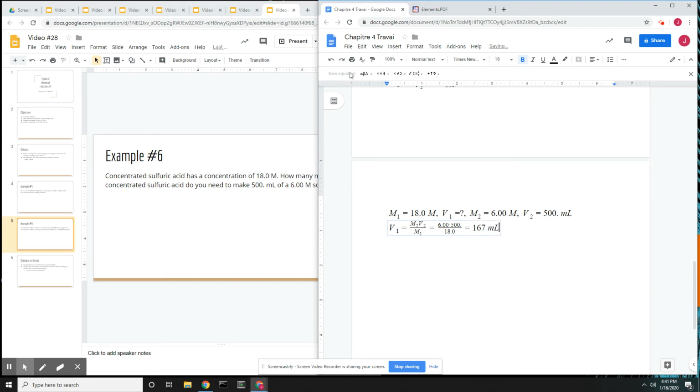Because my volume was in milliliters for my V2, my V1 is also going to be in milliliters, so I got 167 milliliters. Again, I think to myself, does this make sense? Yes, it's less than 500 milliliters. I'm going from 18 molar to 6 molar, so all the numbers make sense here.